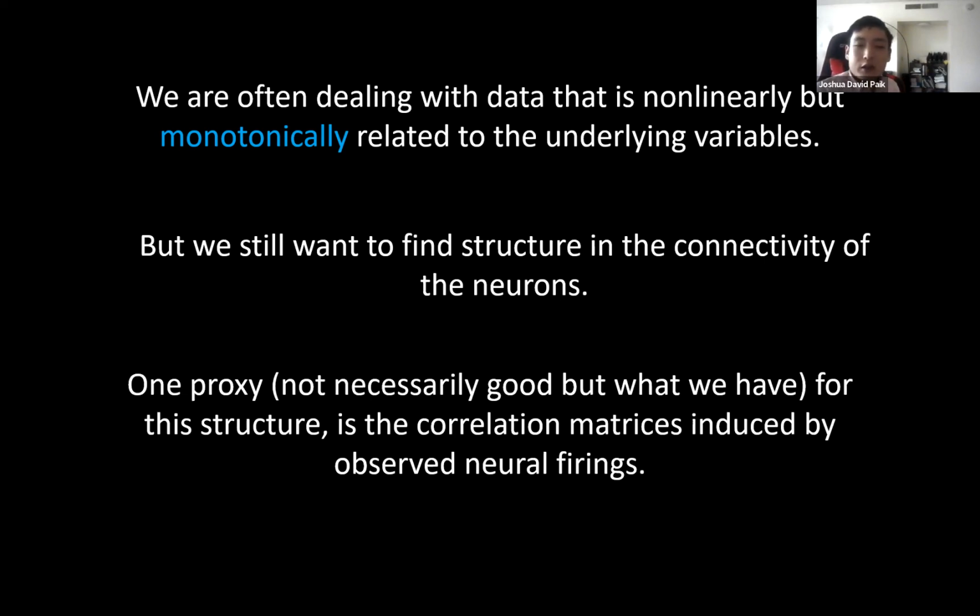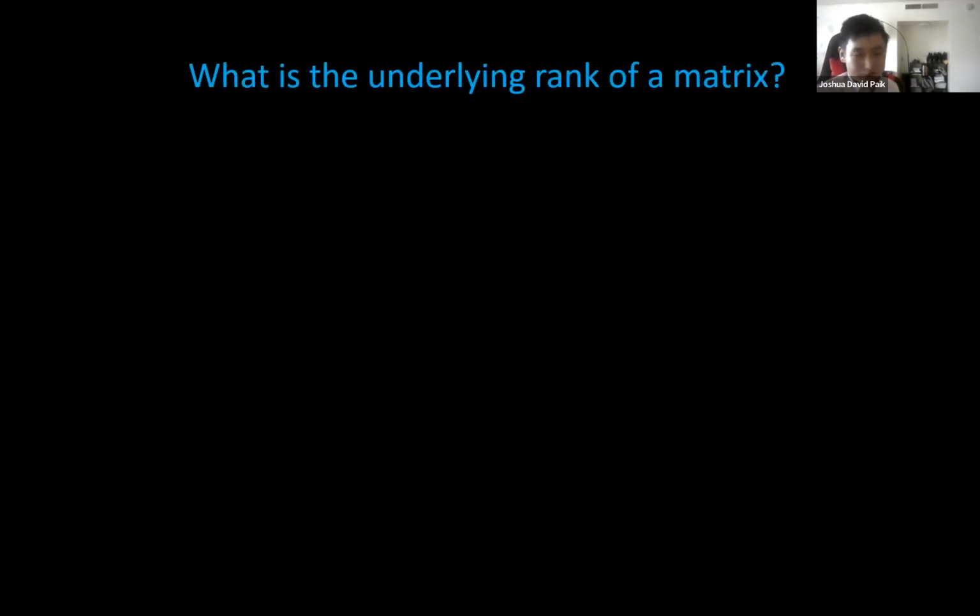But maybe the correlation matrix is a proxy for the structure. So for the rest of the talk, I'm going to talk about how we find structure in correlation matrices, even if the underlying variables have a monotone nonlinear relationship with the correlation.